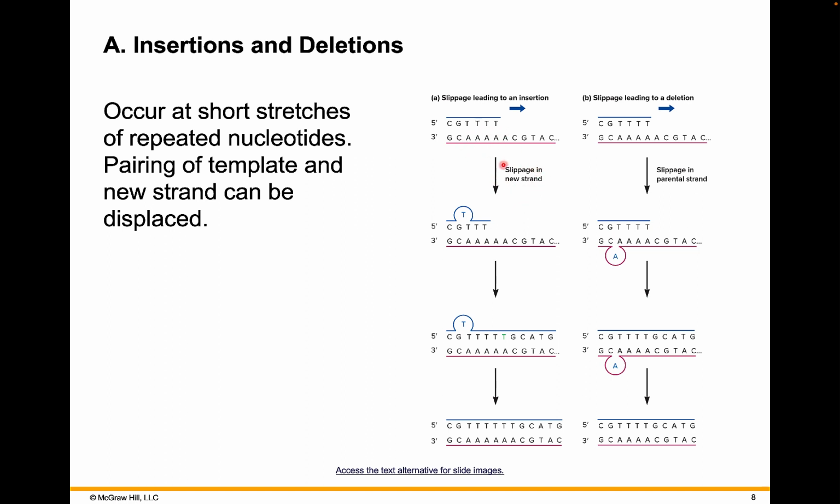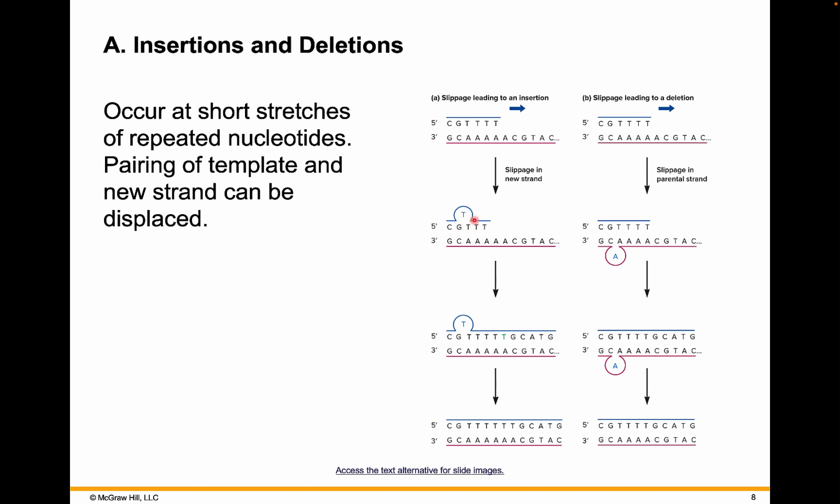And when this slippage occurs, it forms a displaced new strand like this, and then it will keep going on synthesizing the rest of the strand. In that process, you have 1, 2, 3, 4 T's synthesized, but as it slipped, these are bonded.